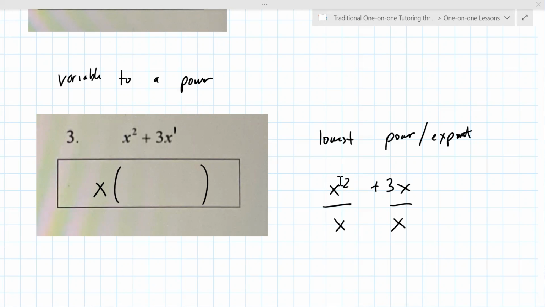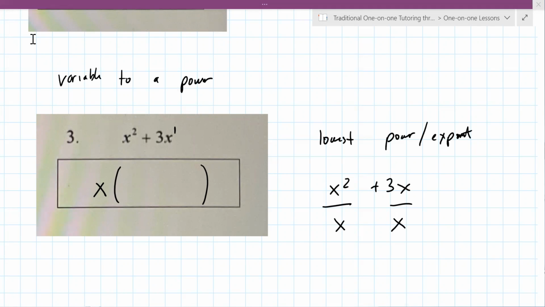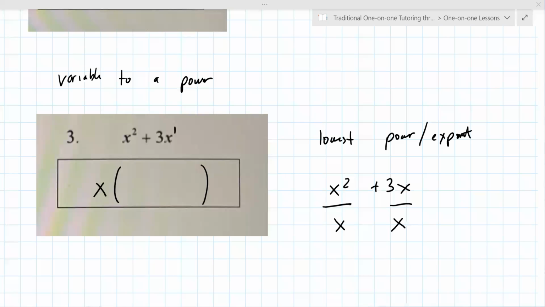So can you tell me what x squared divided by x is? Just x. Plus 3. Like this? Yeah. Perfect.